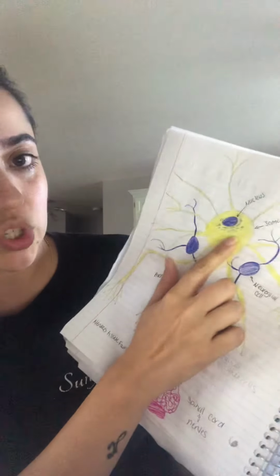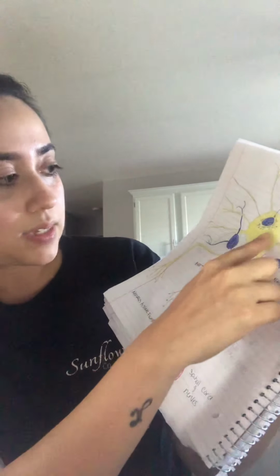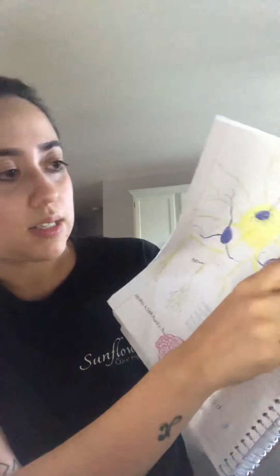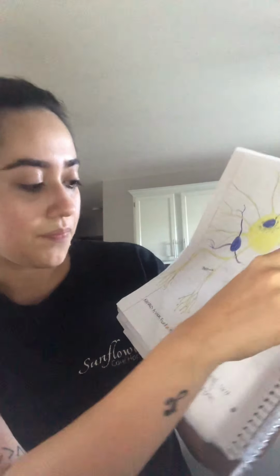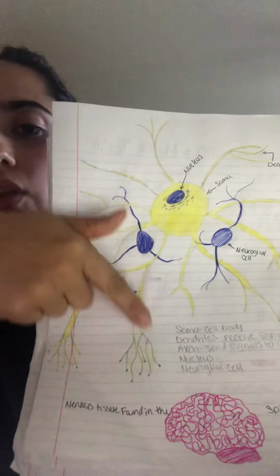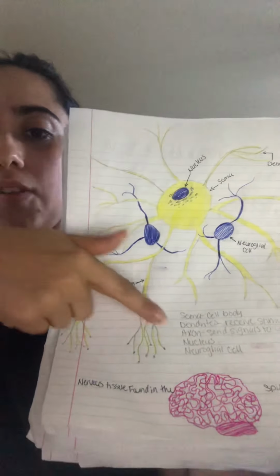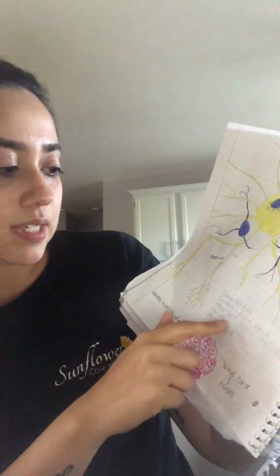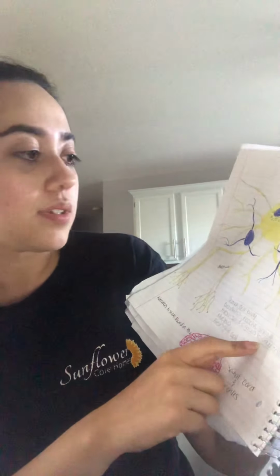Then we have the soma, which is the cell body here. And then I have the dendrite that receives the stimuli. And then we have the axon, which down below you can see is the longest, almost like long legs. That is again the axon that sends signals to other cells.